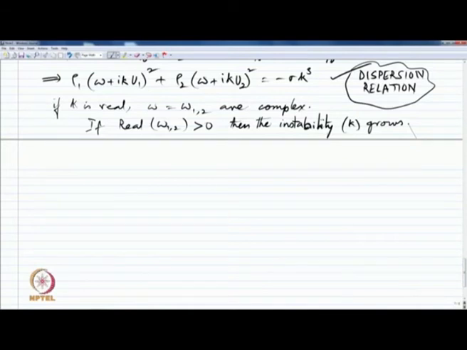As you see, rho 1, rho 2, u1, u2 given, we have a quadratic in omega. In general, I can write this equation down after expanding out the squares in this form.